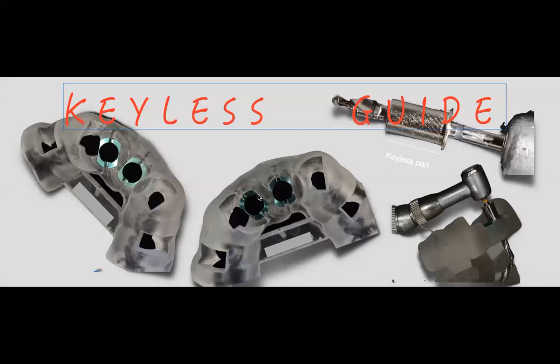Now, the problem is that you have to use one hand to put the key, one hand to drill the bone, and then somebody has to hold the guide down, because this is going to be a tooth-borne guide. So that's just another thing for you to worry about, and I don't want to worry about that. The whole point of a computer guided is I did all my thinking before the patient came in.